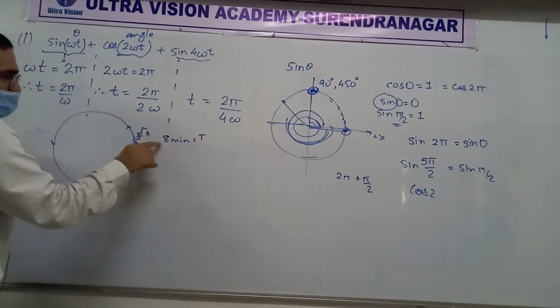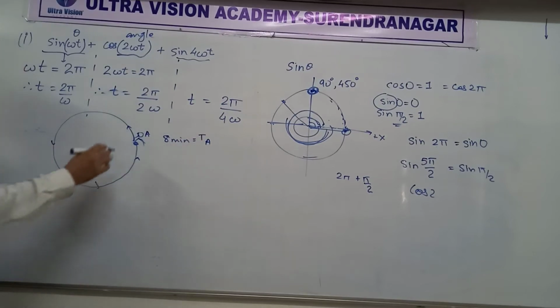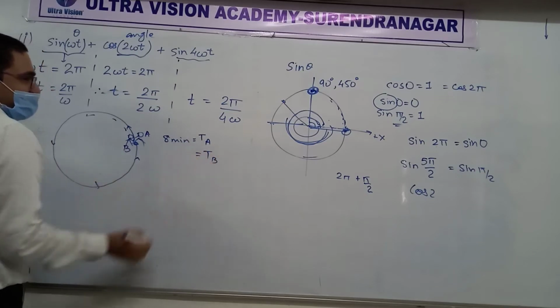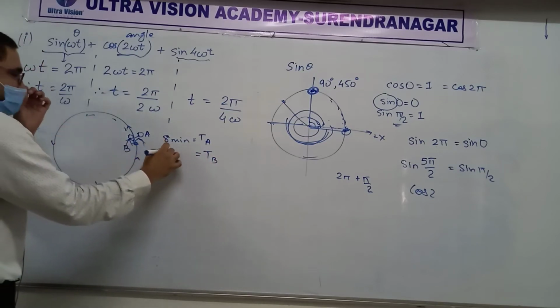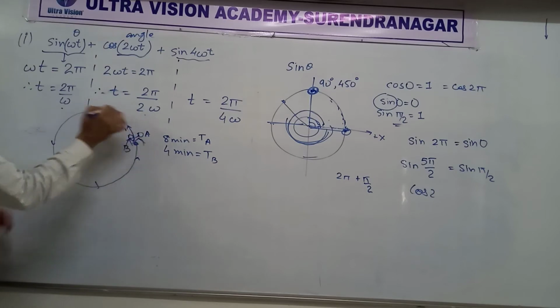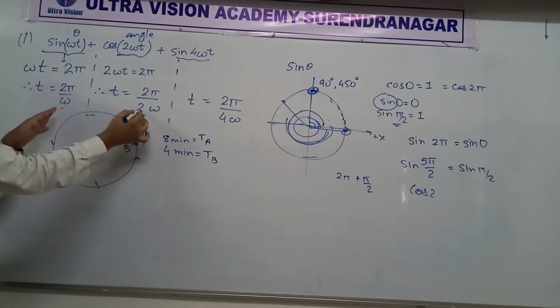Time period 8 minutes for the first person, that is A. But there is another person who starts from the same point and goes around. But this second person B, instead of taking 8 minutes, takes half the time to go around the circle. Why am I using half? Have a look here. Compare these two, please. Here we don't have 2, here we have 2. So the second one is half, right?